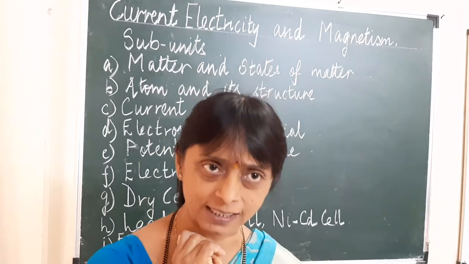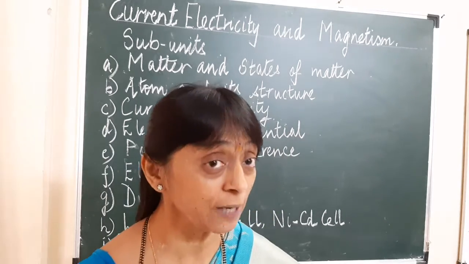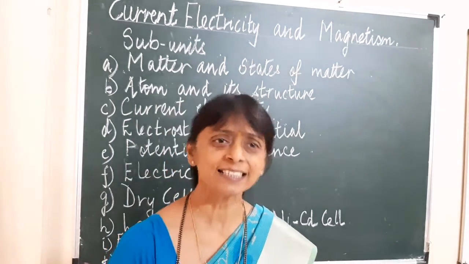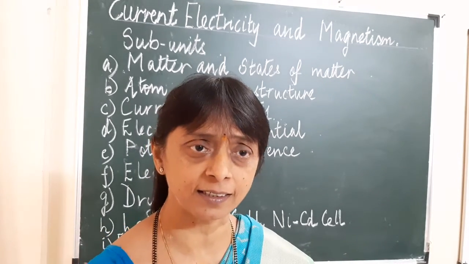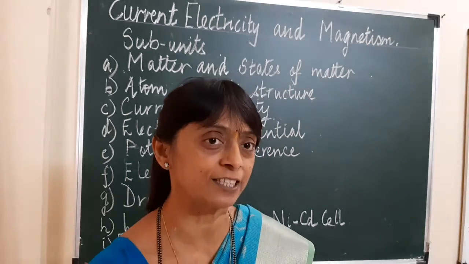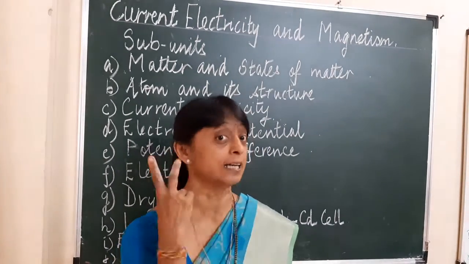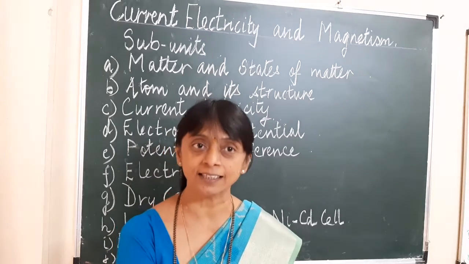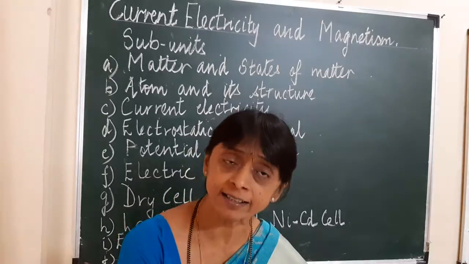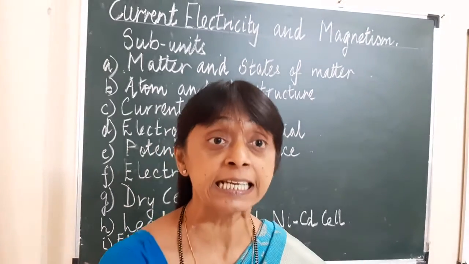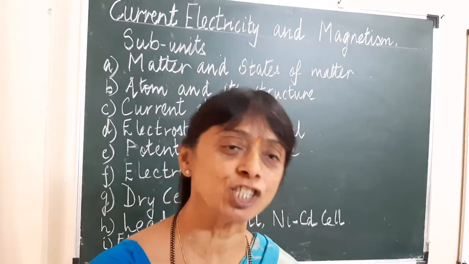So to understand in more detail, children, let's go ahead and see what is matter and the different states of matter. What were the different states of matter? Yes, there were three main states of matter that you studied. That was the solid state, liquid state and the gaseous state. So let's understand the characteristics also of the different states of matter, that is solid, liquid and gaseous state.